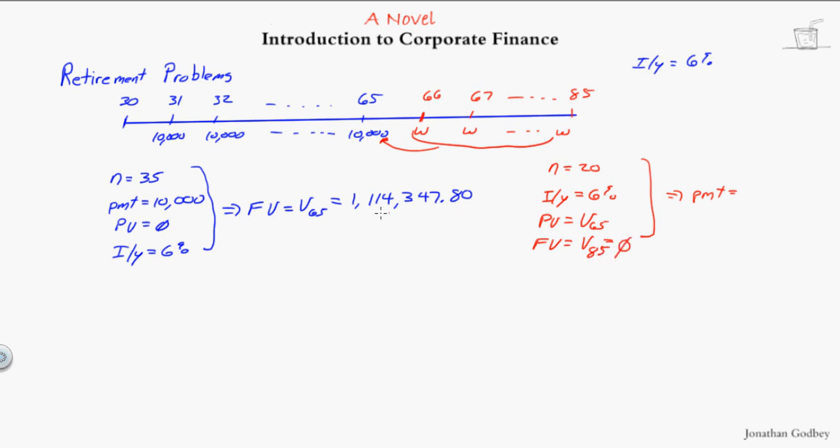I'm done. And the amount of money, the present value is this number right here. So that goes into there. And this will find my payment, which is $97,153.92.